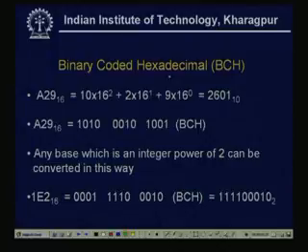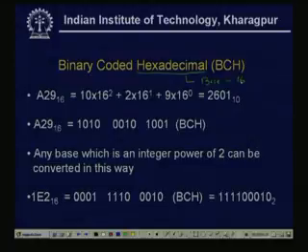In hexadecimal, the base is 16, and the values from 10 to 15 are represented by 10 means A, 11 is B, and similarly 15 means F. So, 0 to 9 and A to F, these 16 digits are the symbols of the hexadecimal system.